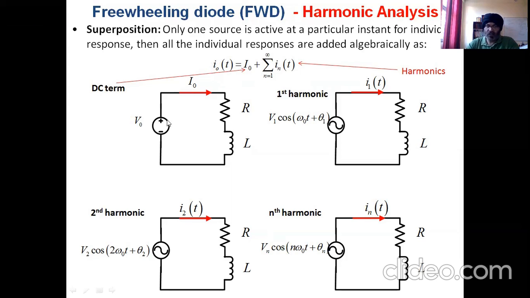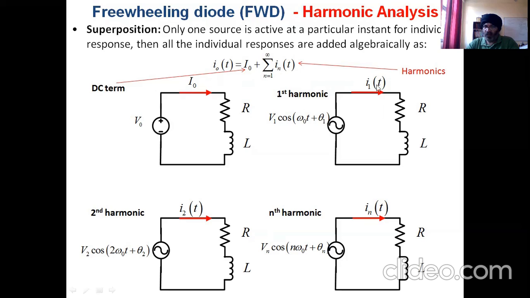So this is a DC term, only the DC source is connected. So we get the response due to the DC component to find out the value, let's say for current, what is the value of current over here due to this. And then we calculate the value of this current I1(t) due to the first harmonic component.